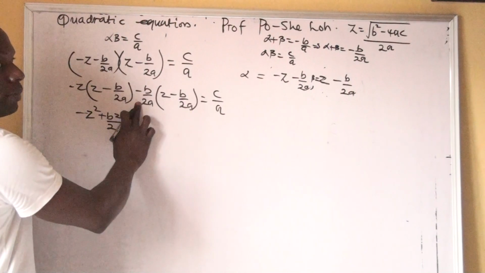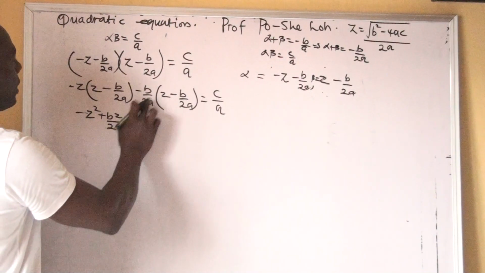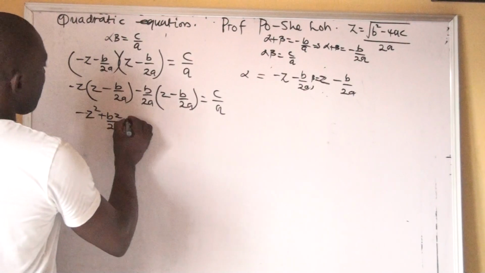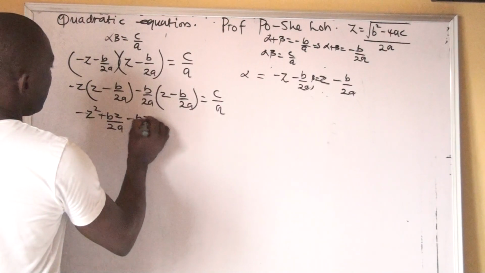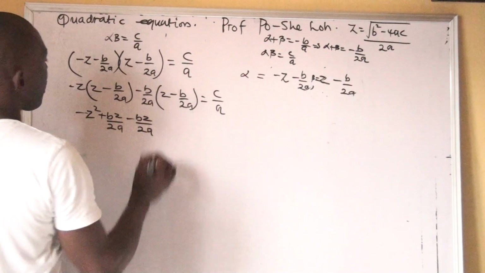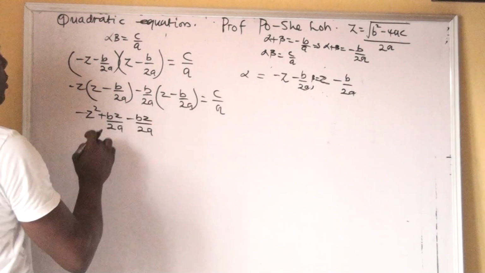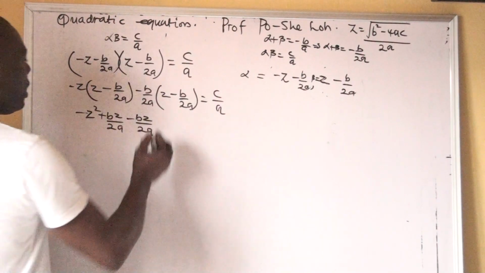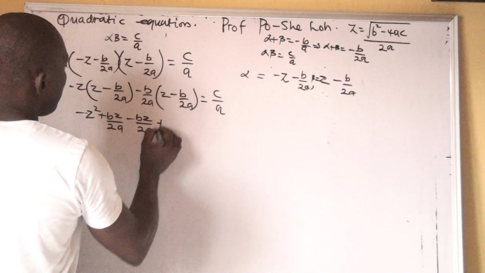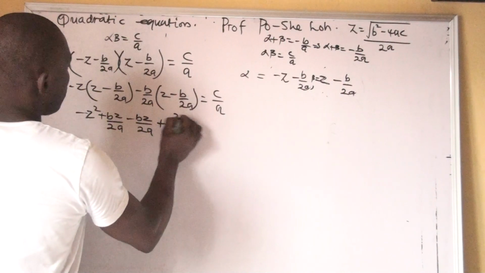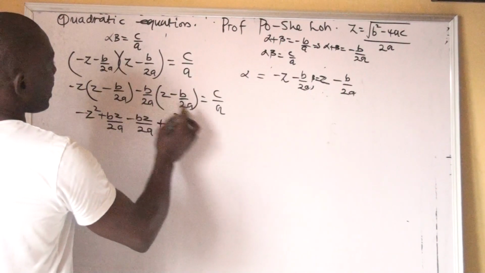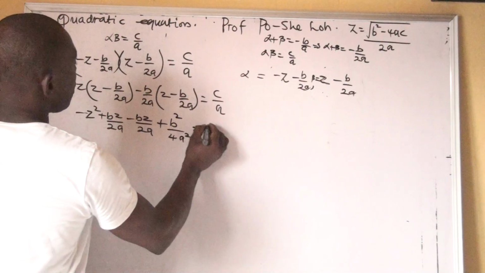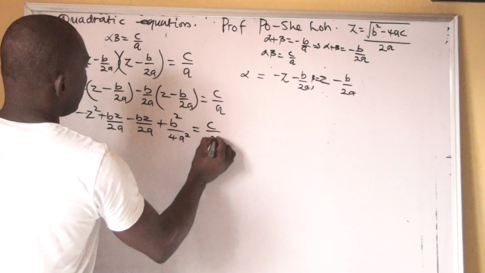Then we come to this expression, minus b over 2a times plus z, that will give us minus bz over 2a, and minus b over 2a times minus b over 2a will give us plus b squared over 4a squared, is equal to c over a.